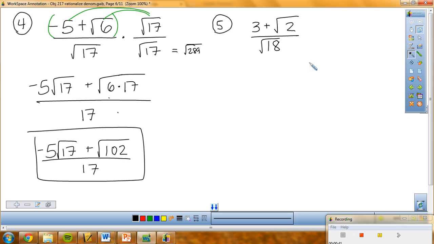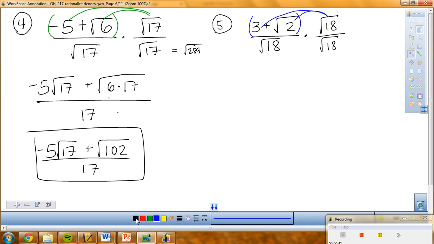Now, let's look at number 5. Here again, we have a binomial, 2 terms over a monomial. I want to get rid of this radical, so I'm going to multiply it by my foo, square root of 18, and the square root of 18. Again, this is going to be a distribution type problem where it has to go to the 3 and to the radical 2.